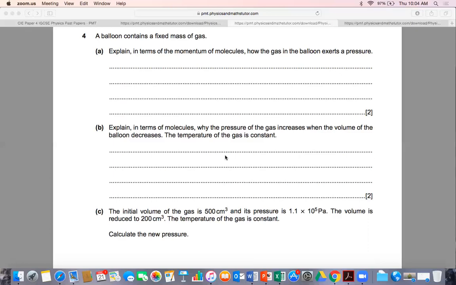The term that you must use is frequency of collision. That means the collision frequency is more. The frequency of collision of molecules with the walls.